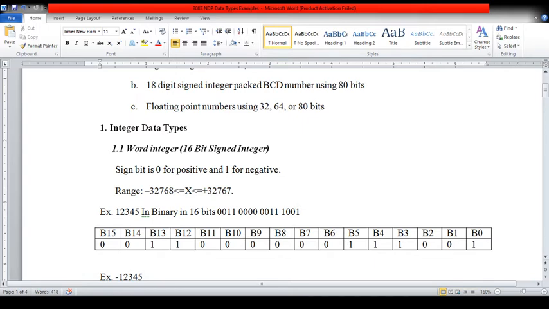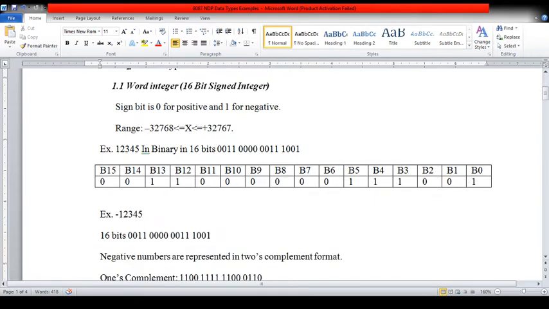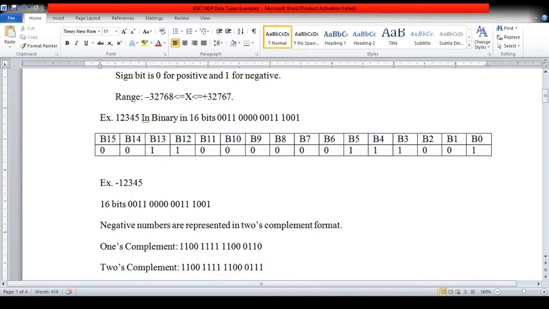Now this is regarding the positive numbers. Let us take the same example for the negative. If I want to represent minus 12345 with the same format, that is word integer of 16-bit size, then we use 2's complement representation for representing negative numbers. This is my 16-bit format for this number. Negative numbers we represent by 2's complement.